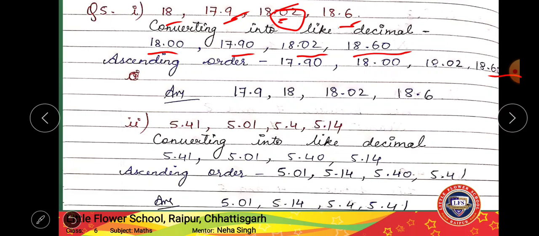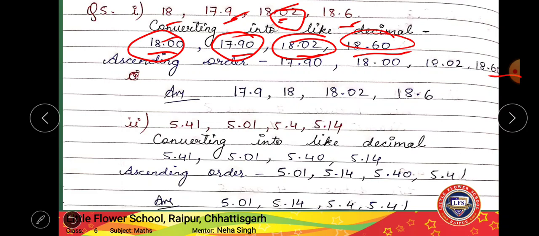Okay, now we will arrange in ascending order, means small to big. So comparison is now easy. Obviously 17.90 is smaller, then comes this 18.00, 18.02 and 18.60, right? So this finishes the first question.